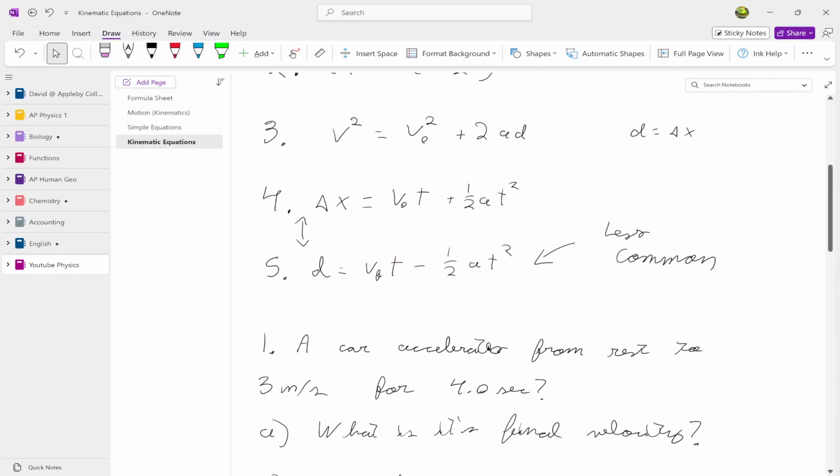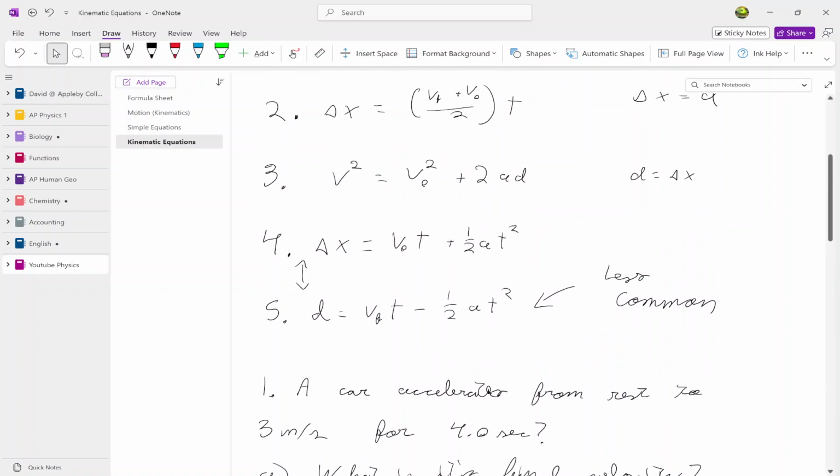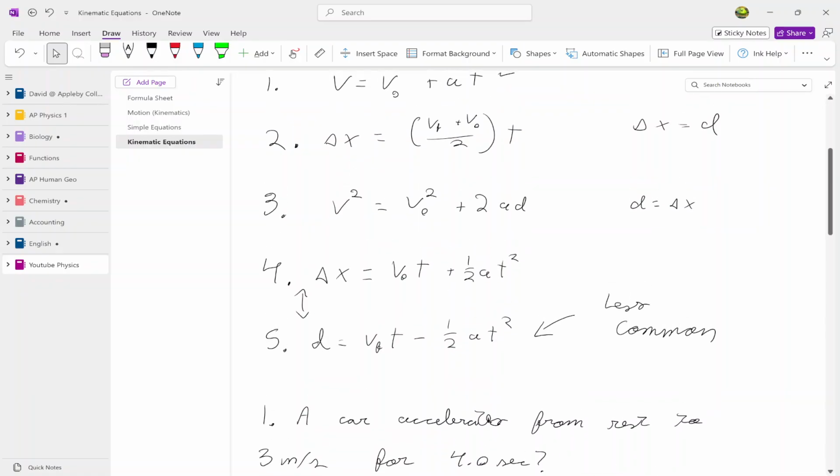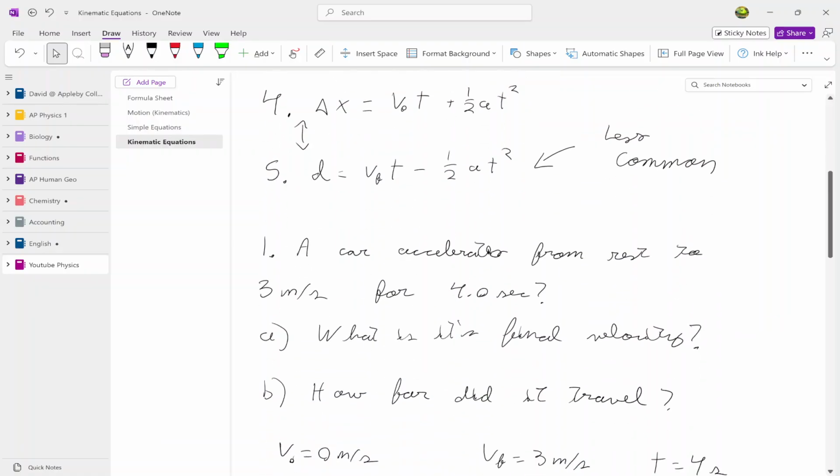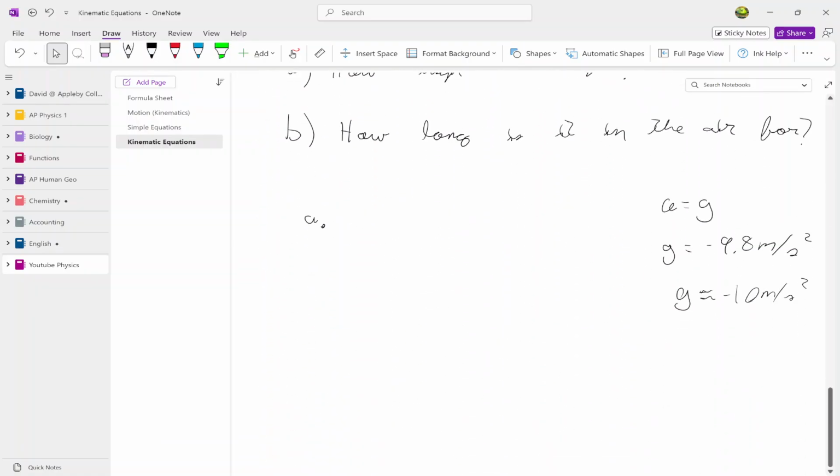So we would use, well, it doesn't really matter here, we use number 3. V final squared equals VO squared plus 2ad. Okay, so this is y. Actually, this does kind of matter.